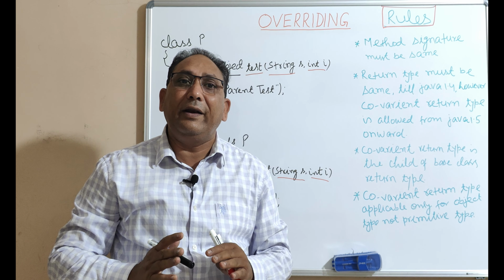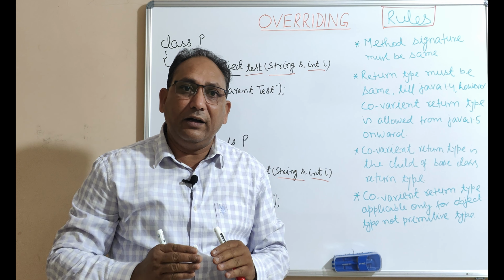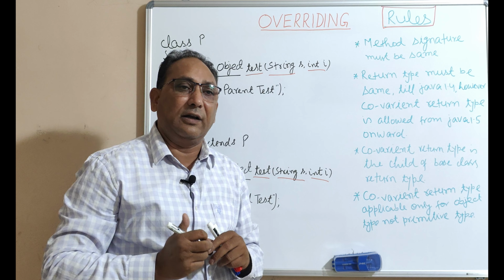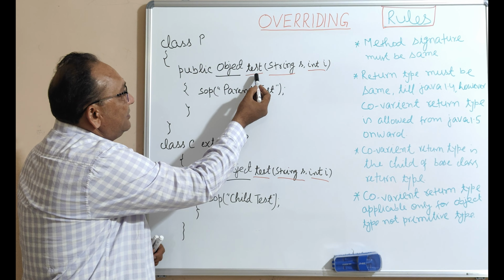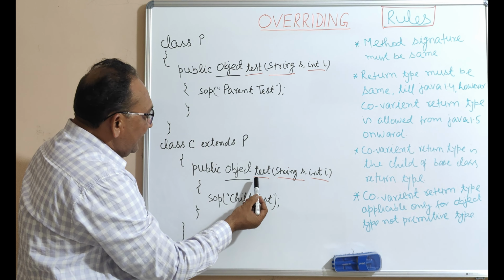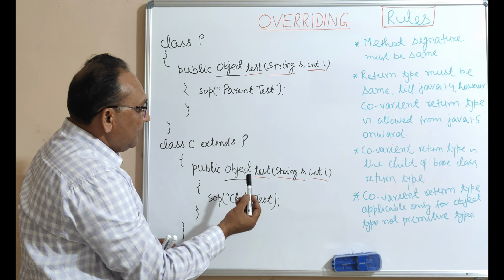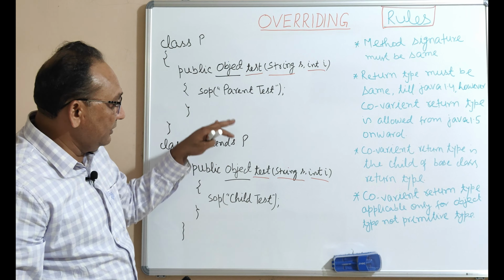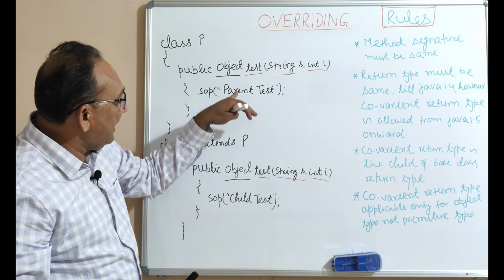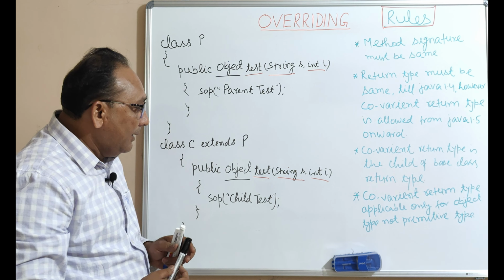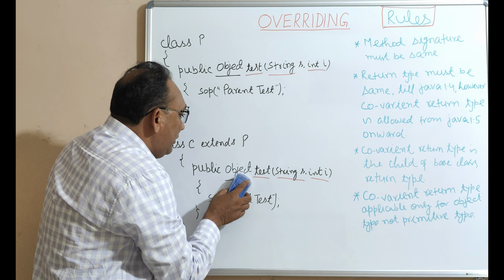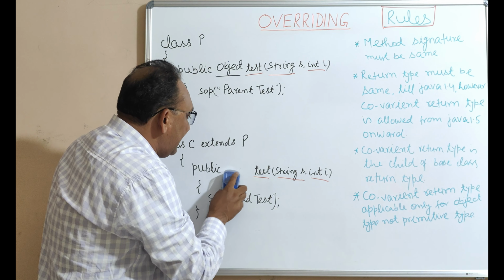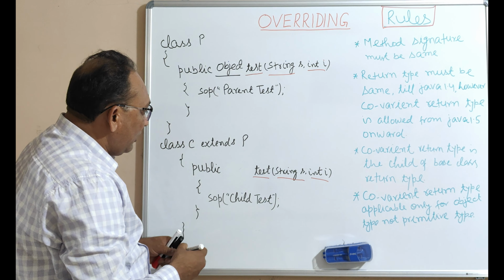that is called covariant return type. Covariant return type is nothing but the child of the parent return type. So here the parent method is test, and inside the child also test, but the return type from the parent is object and the child's is object. This is valid for Java 1.4 as well as Java 1.5. But if you make changes here, instead of object I am going to return a string type.